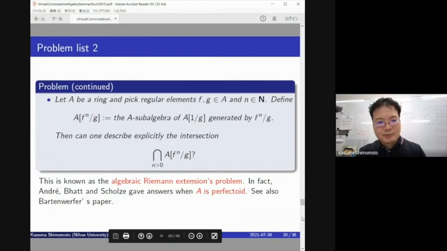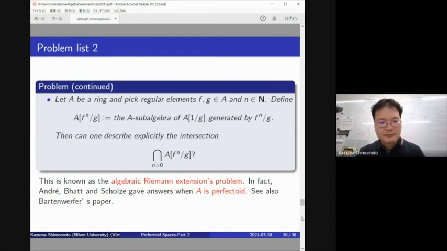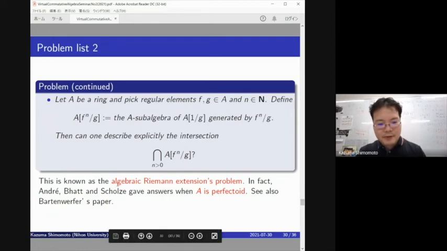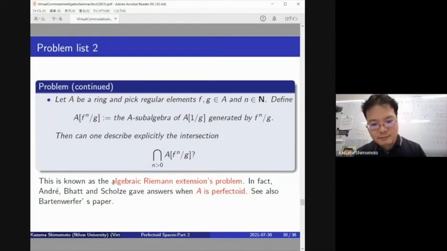And the final problem which I want to mention is the following one. This is called the algebraic Riemann extension theorem, or Riemann's extension problem. The statement is as follows. Let's take any commutative ring A, even a Noetherian ring, and pick a regular element g. I don't think I really need regularity, but let's assume this for simplicity. Let's take f in A and n a natural number.